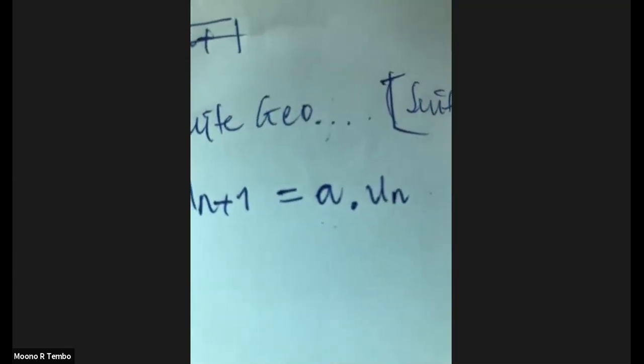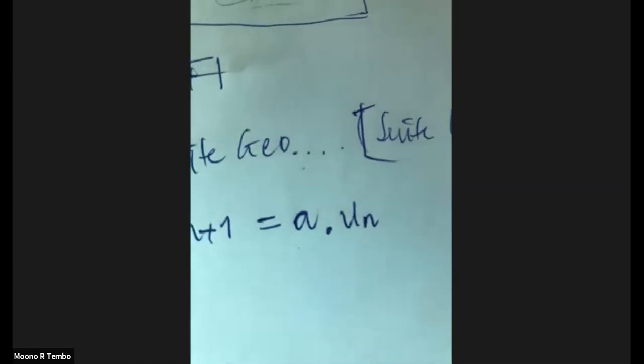So now let's say, for example, we've been told that n is equal to 0.